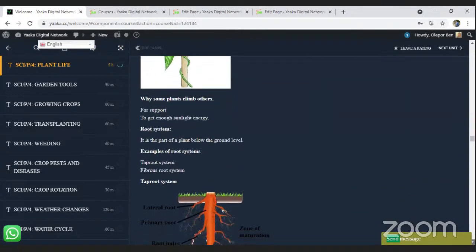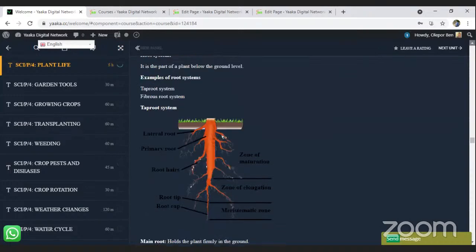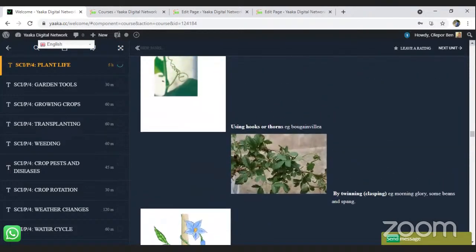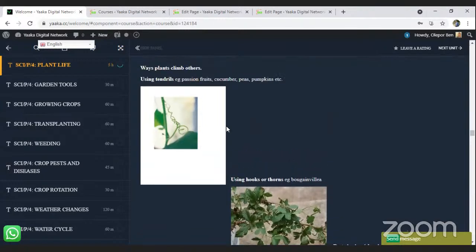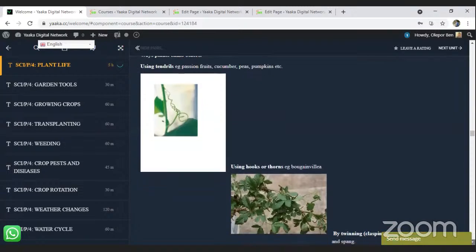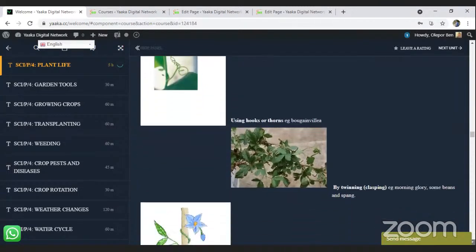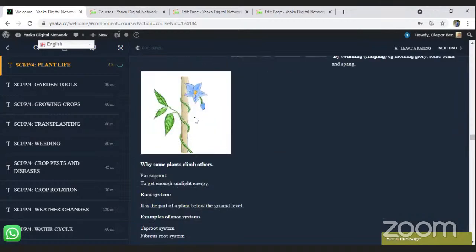And then, by the way, even those diagrams need to be drawn, especially this one of tendrils, and then the other one of tendrils, and this one of clasping. Clasping and the other one, they need to be drawn. Then you continue like that.